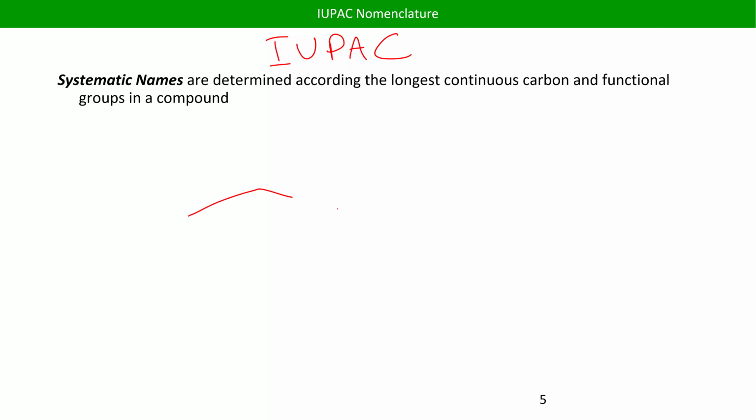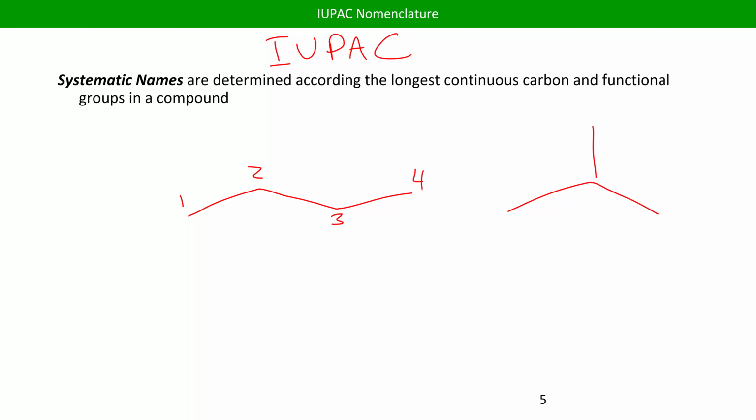So for instance, if we just had C4H10, we had two possible isomers we came up with, right? They're not the same compound though, because they have a different longest continuous carbon chain. Our longest continuous carbon chain for the one on the left is 1, 2, 3, 4.